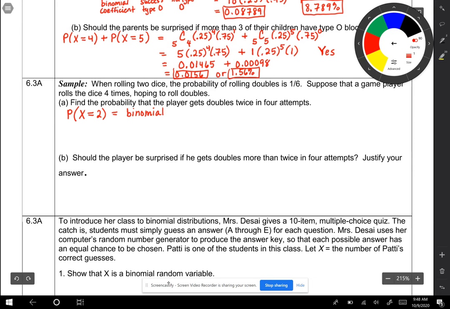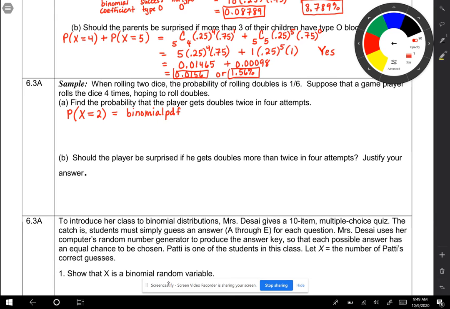So you would go to Binomial PDF, and you use PDF because you have an exact point. So when it's an exact, you use a PDF, but when it's a greater than or less than or greater than or equal to or less than or equal to, you're going to use a cumulative. Now, to get to the Binomial PDF, it's the same place where you go to normal CDF.